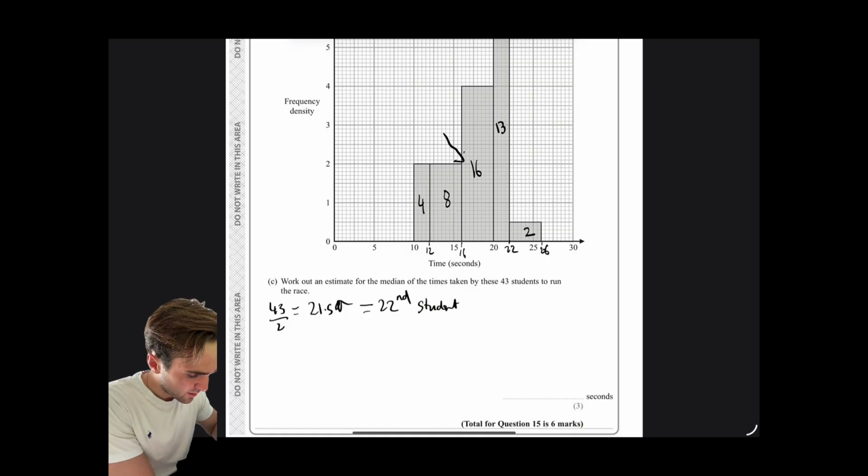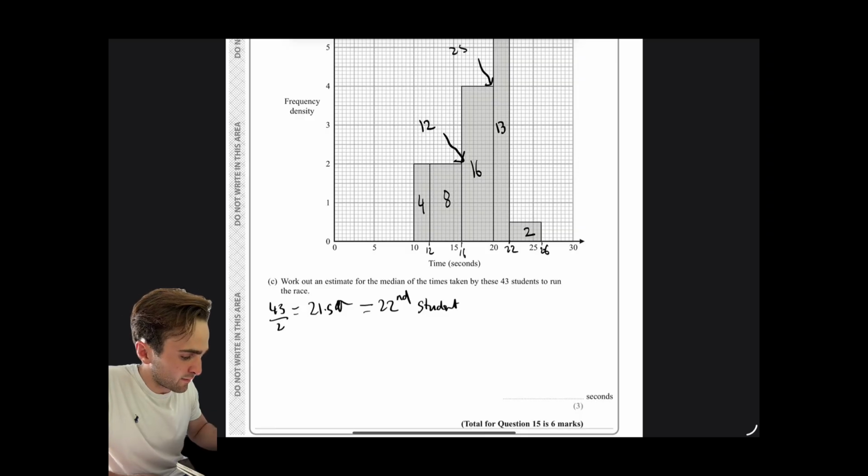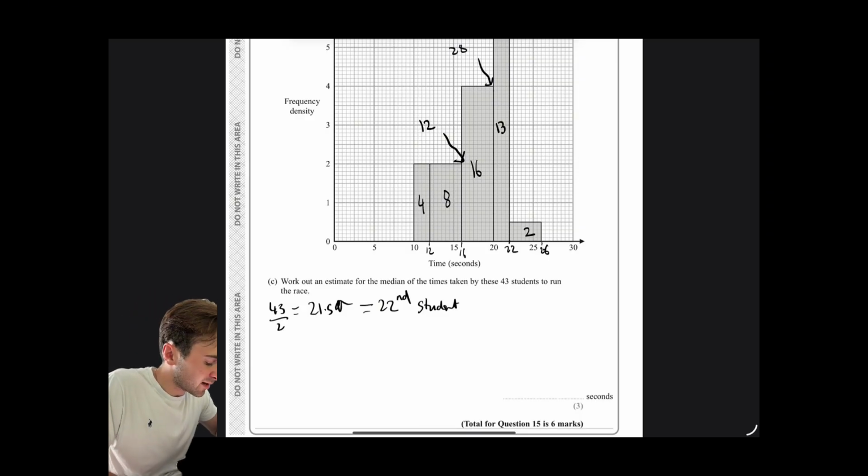So at this point, we have 12 students that have finished their race, or whatever they're doing. And at this point, we have 28 that have done. So it's somewhere in between, our 22nd. So we want to split this area up so that we find 10 of the area and another 6 of the area, because 10 plus 12 is the 22nd person. So it's going to be somewhere around here.